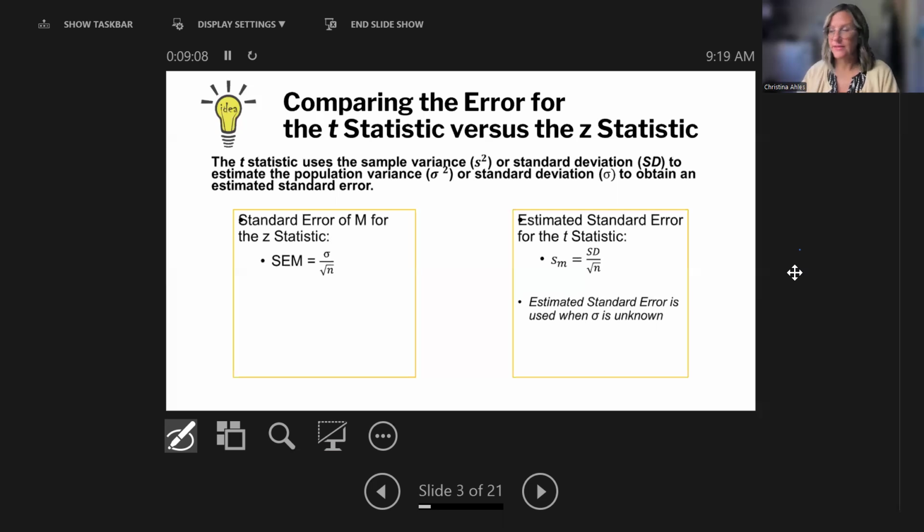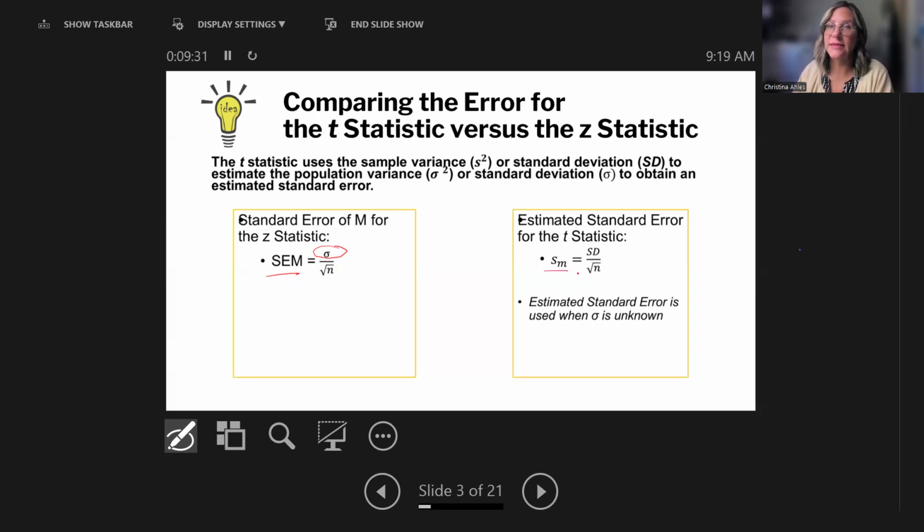Previously, as you can see, when we were using the z-test, we had that population standard deviation right here, and our notation was SEM for the standard error of the mean. Now, when we're using the t statistic, our notation changes.